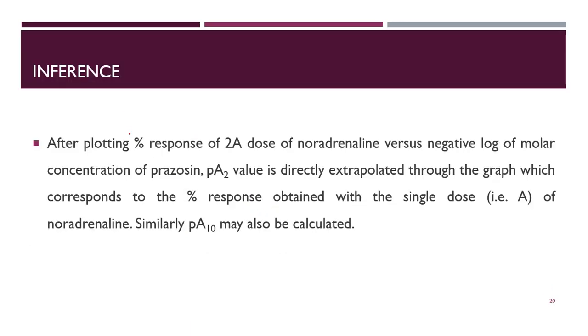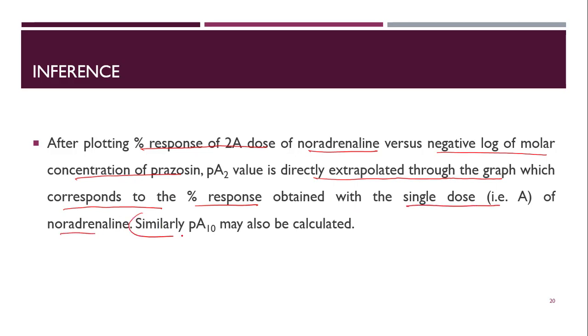So the inference that we have to draw from this particular experiment is that after plotting percent response of 2A dose of noradrenaline versus negative log of molar concentrations of prazosin, pA2 value is directly extrapolated through the graph, which corresponds to the percent response obtained with single dose of noradrenaline.